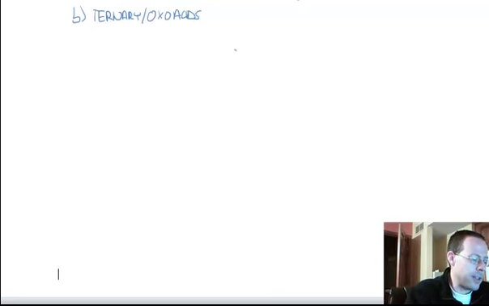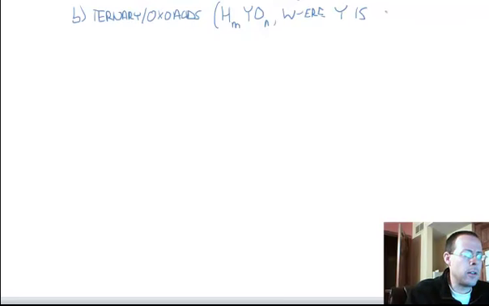So we're just going to write this in this format, where we have H, and we're going to have some M number of H's. And then Y is going to be some nonmetal, so sulfur, nitrogen, chlorine. And we're going to have O, and our number of O's is just going to be defined by N. We might say where Y is a nonmetal.